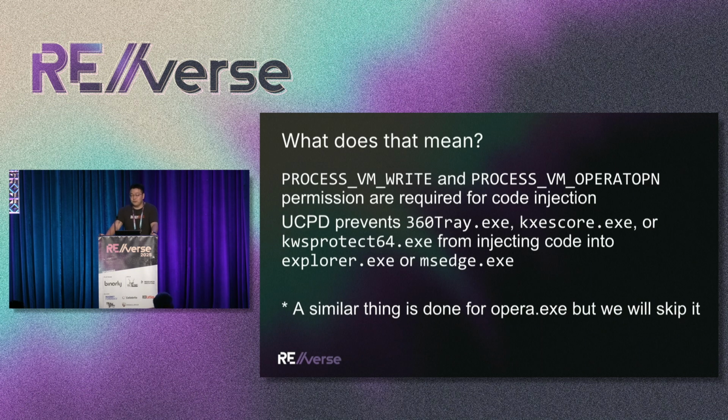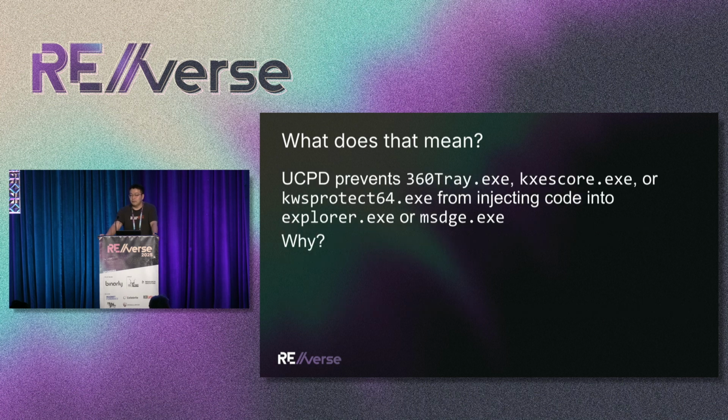These two operations are used for code injection. And basically, UCPD prevents these processes from injecting code into explorer.exe and msedge.exe. Now, Opera is treated in a slightly different way, which I will not be covering today. Or in plain text, it prevents these guys from injecting code into explorer.exe or msedge.exe.